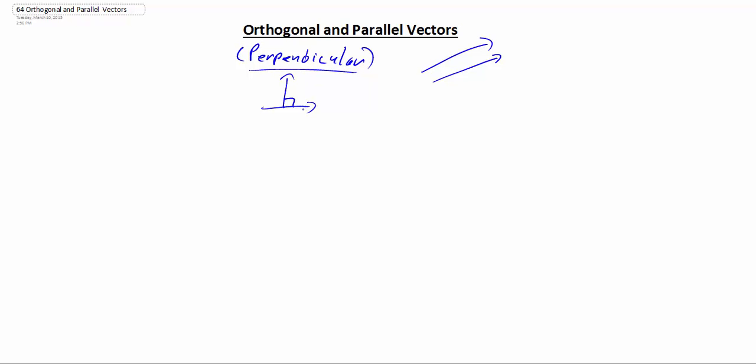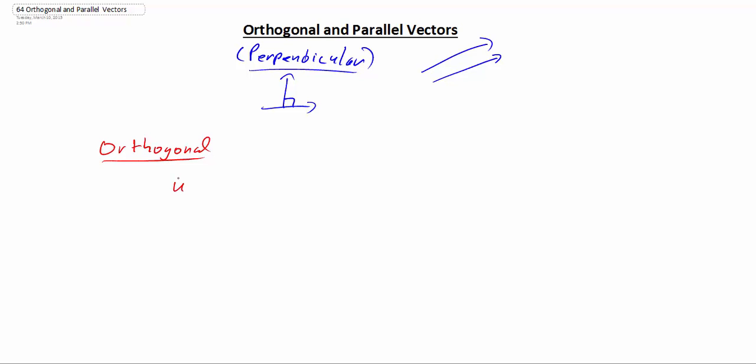Okay, so we want to be able to look at two vectors and determine if they're going to be orthogonal or parallel or possibly neither. And the easy way to determine if two vectors are orthogonal is to simply take the dot product.